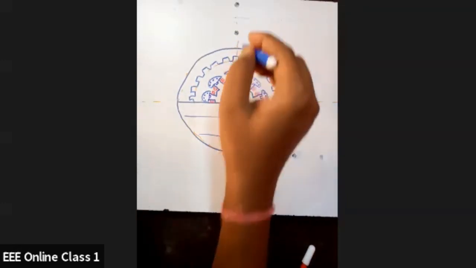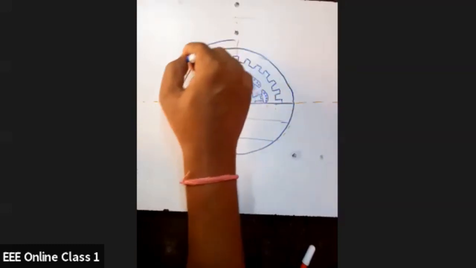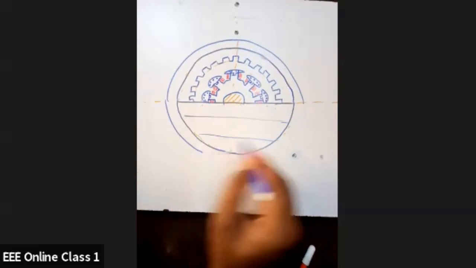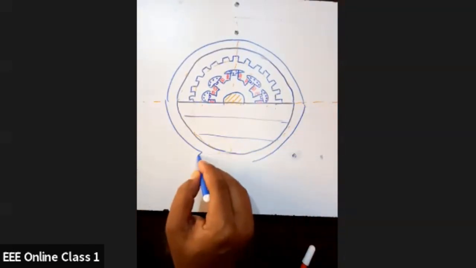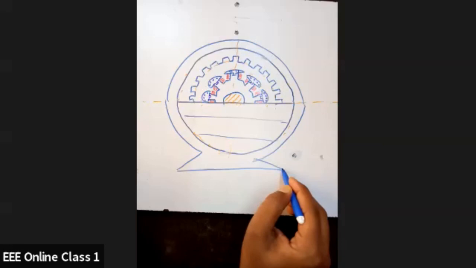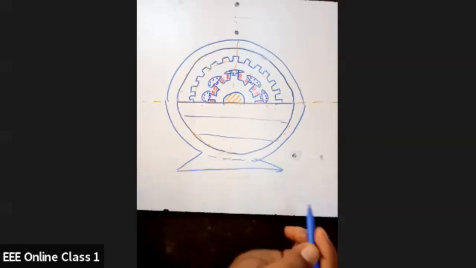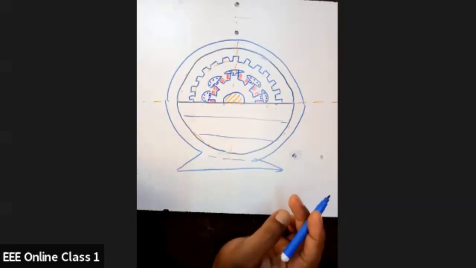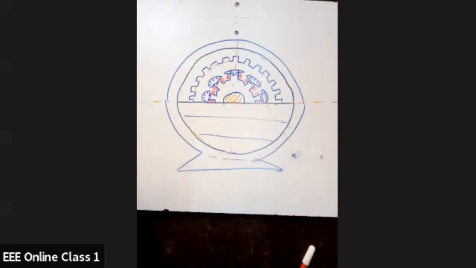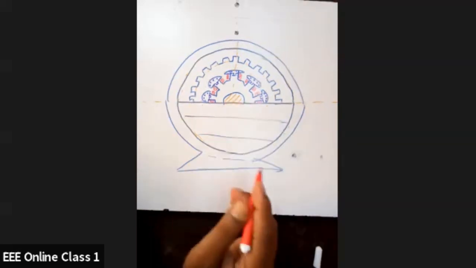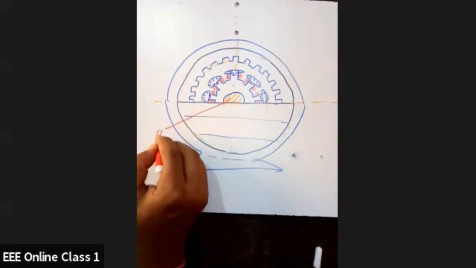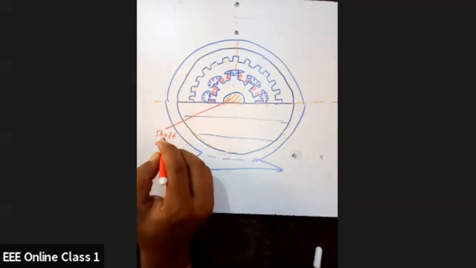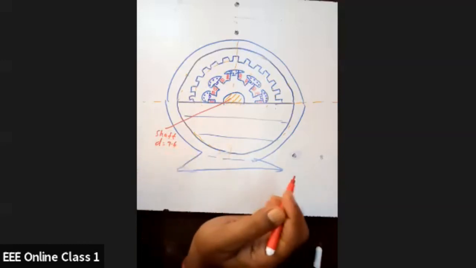So that is 92 centimeter. It is given. So this is your shaft with the diameter of 7.6 centimeter.